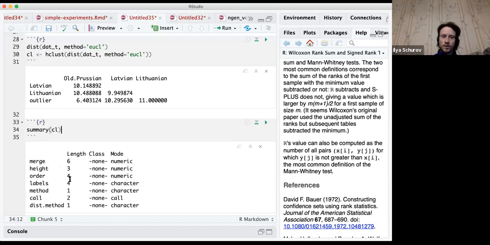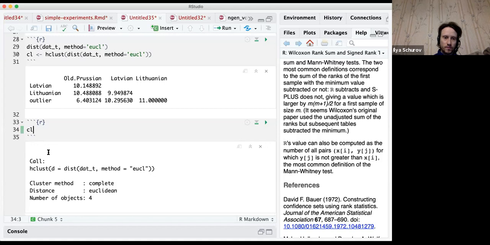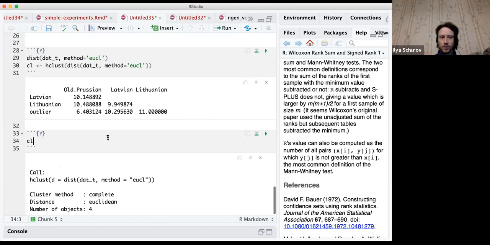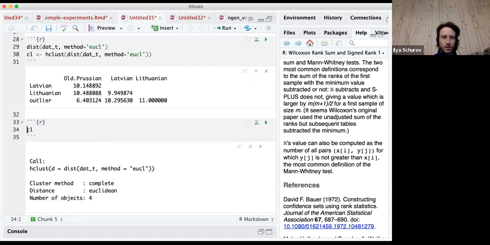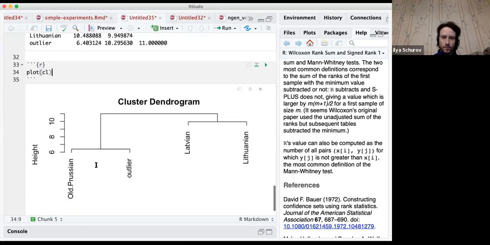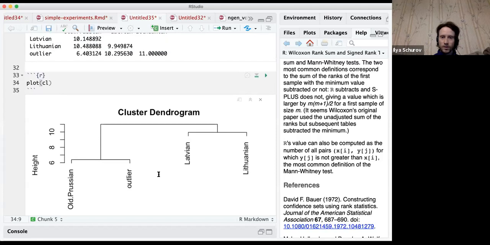In this case we have only 4 objects, and we will cluster these 4 objects. Let us draw a dendrogram.